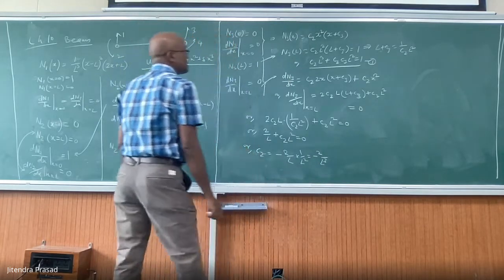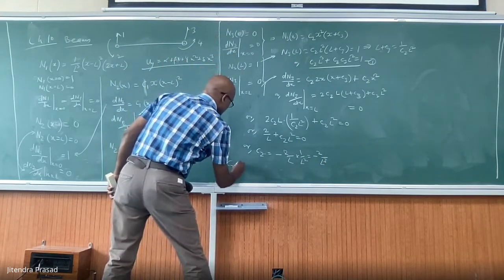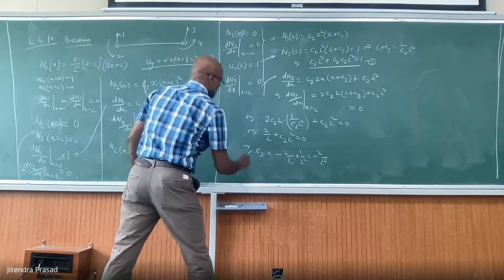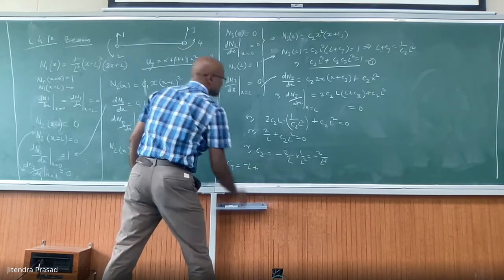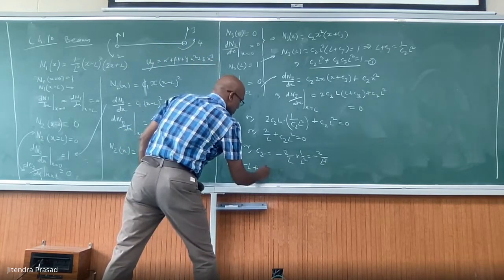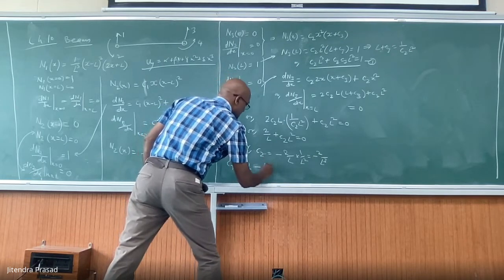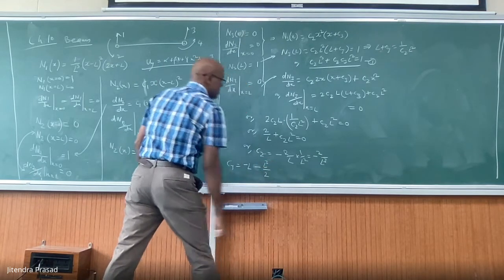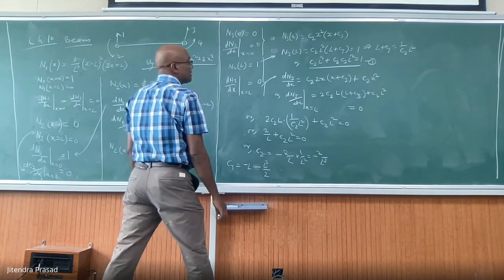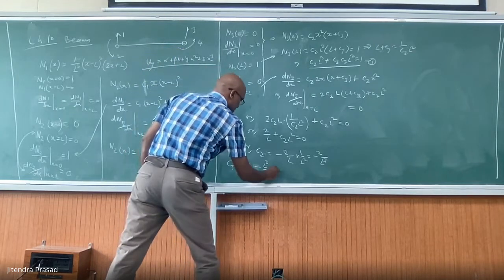Okay, so what is C3? C3 is equal to minus L plus 1 over C2. So 1 over C2 becomes minus L cube over 2, divided by L square.